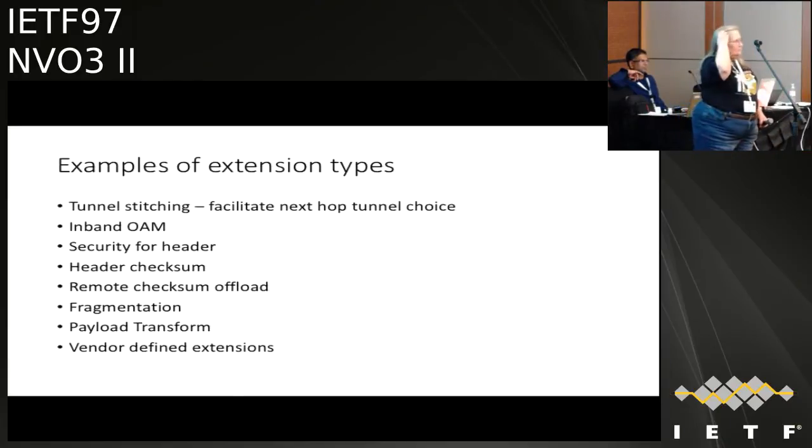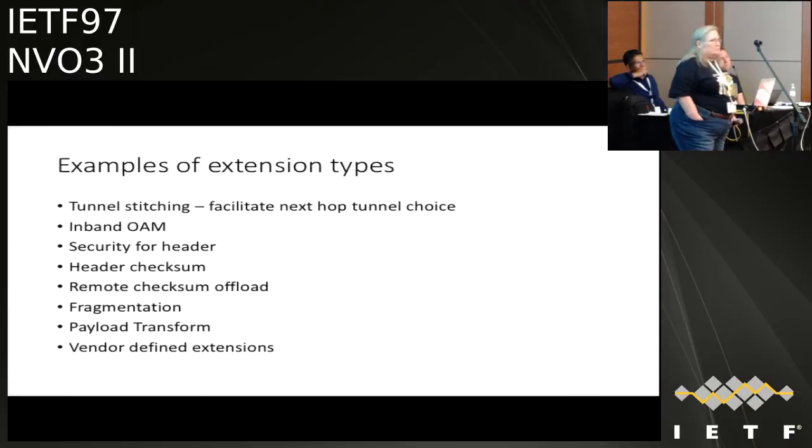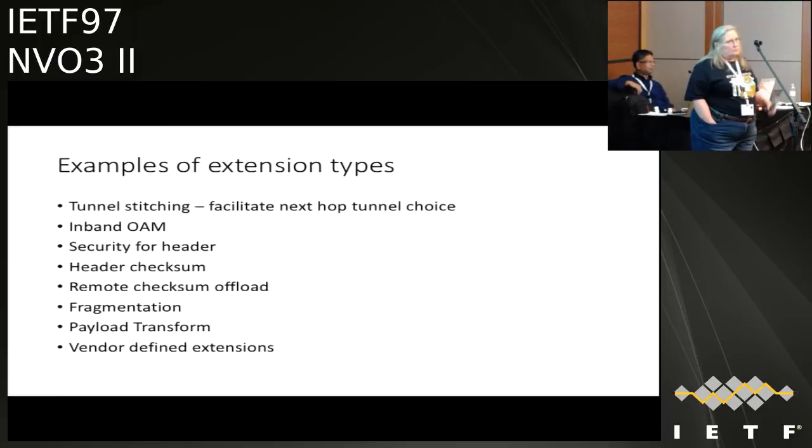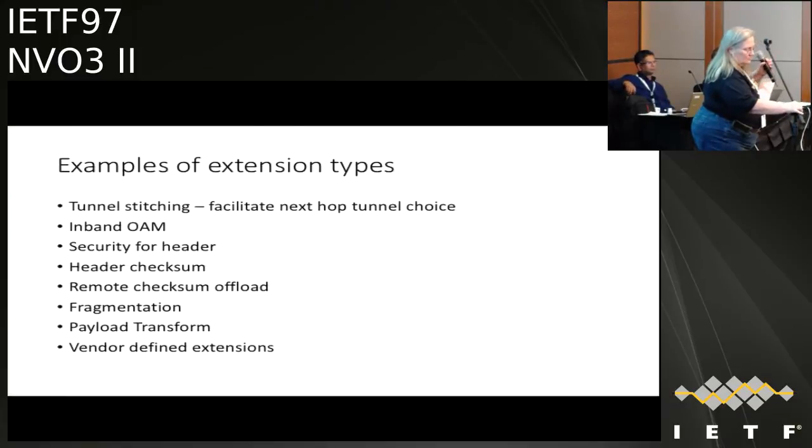As part of pulling that design team together, Matthew, Sam and I talked to a number of people, not everyone we probably should have. And one of the points of confusion and debate and disconnection, I would say, is what was meant by extensions, what needed to understand them, what parsing would need to be done by underlay routers, by transit routers, what parts in the stack needed to understand them.